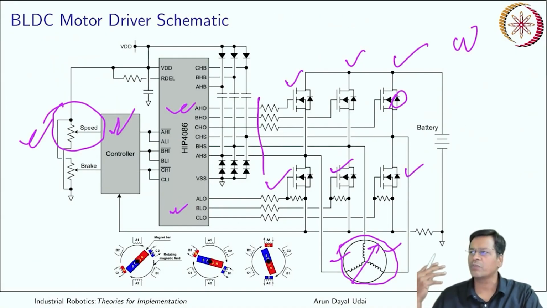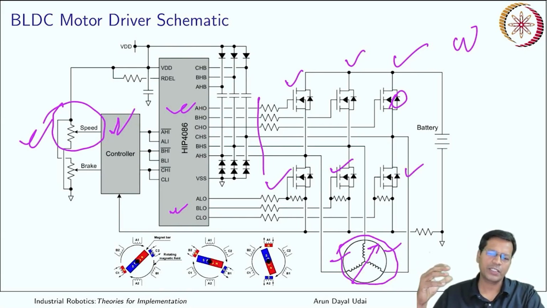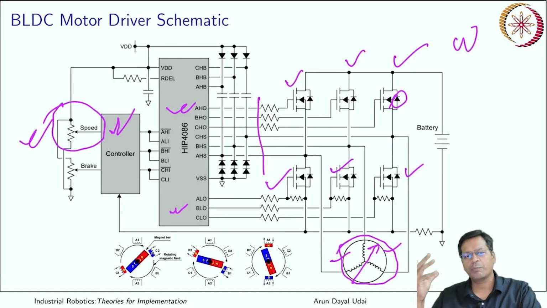In order to make it very precise, you need to have a dedicated feedback mechanism like a potentiometer, or maybe a magnetic encoder, or maybe an optical encoder. That will give you precise feedback and precise positioning control as well.